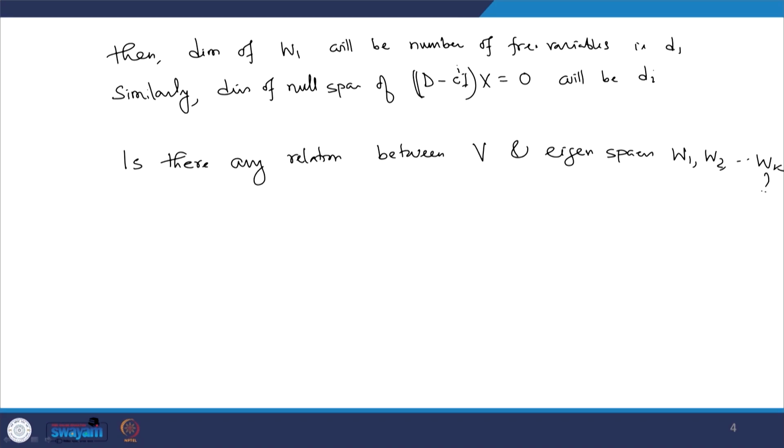Before going to answer these questions, let us talk about some standard results. So, let me write one result in terms of lemma 1 like this.